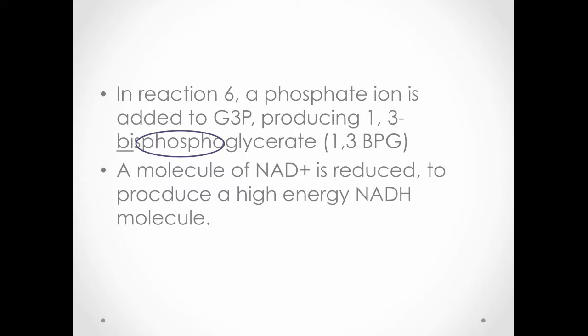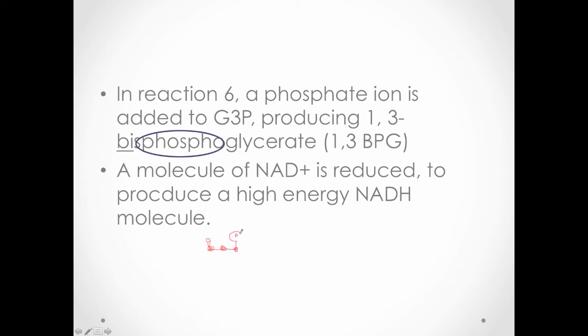So in reaction 6, a phosphate ion is added to G3P, producing 1,3-BPG, or 1,3-bisphosphoglycerate. So again, we've got our 3-carbon compound. And this is glyceraldehyde 3-phosphate. So right now, when we start, we've got our oxygen here, and we've got a phosphate group on this carbon.